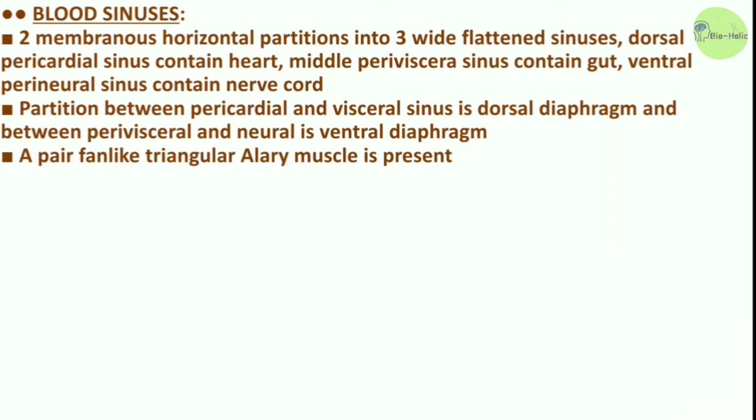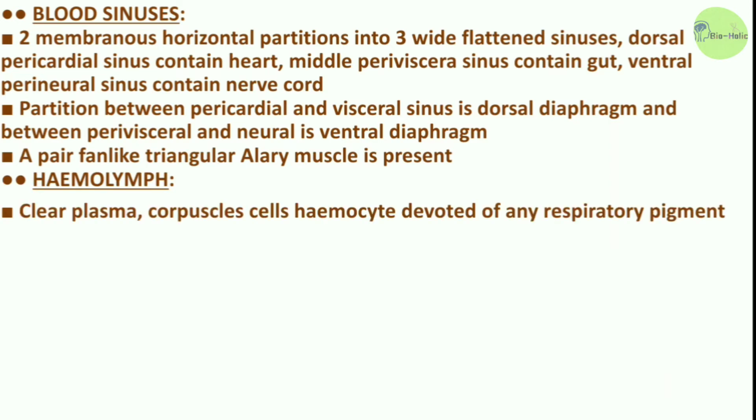The partition between the pericardial and the perivisceral sinus is known as the dorsal diaphragm, and between the perivisceral and perineural sinus is known as the ventral diaphragm. A pair of fan-like triangular alary muscles is present in the blood sinuses.